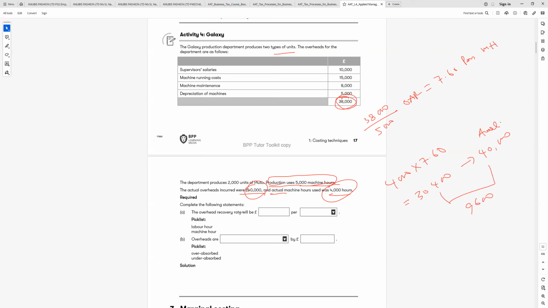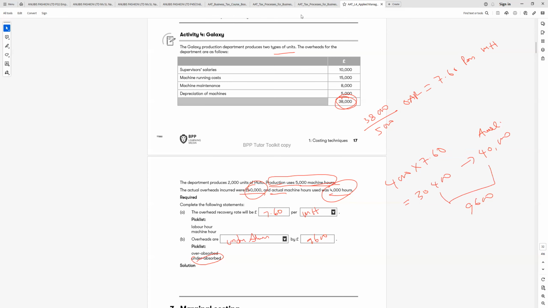So the overhead recovery rate is 7.60 per machine hour, and overheads are under absorbed by 9,600. Our estimation was low because the actual is more.